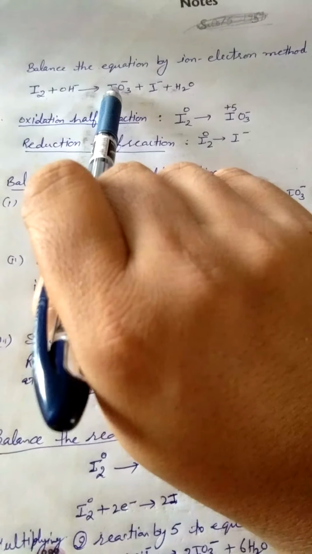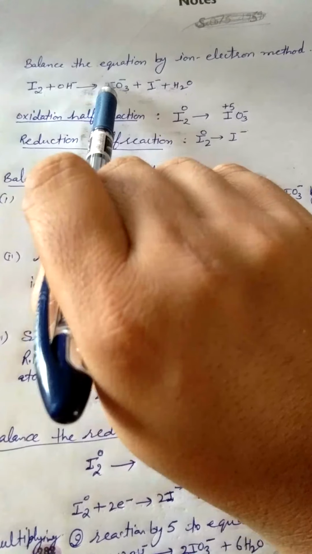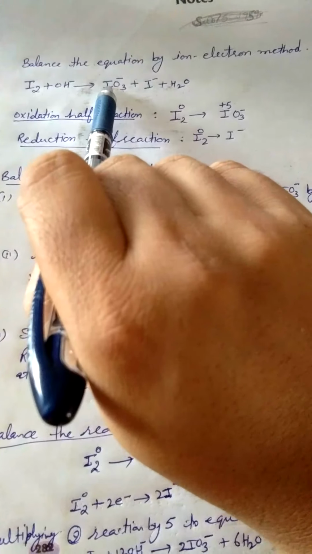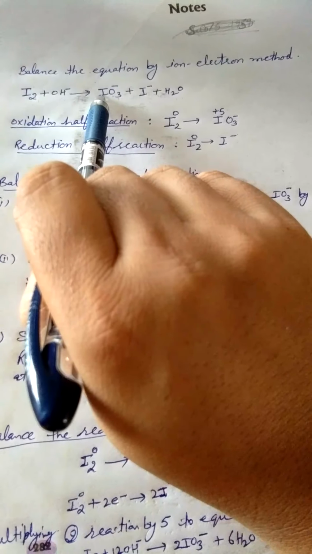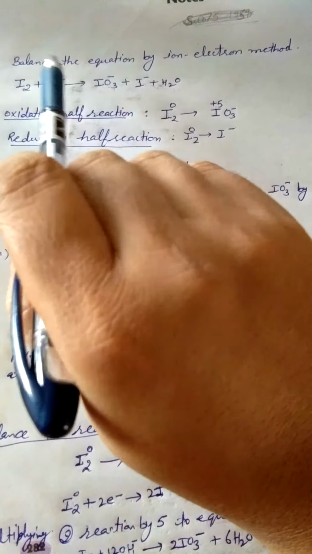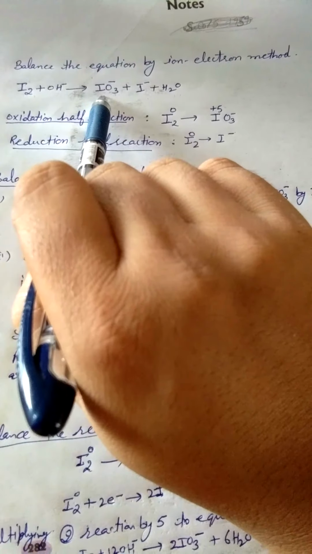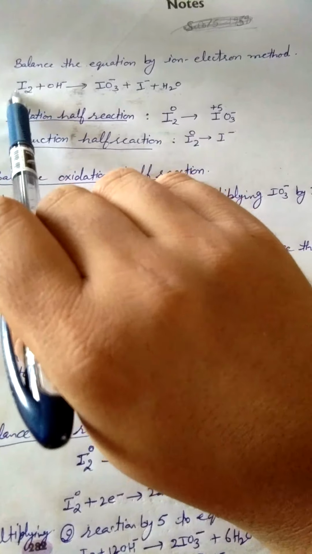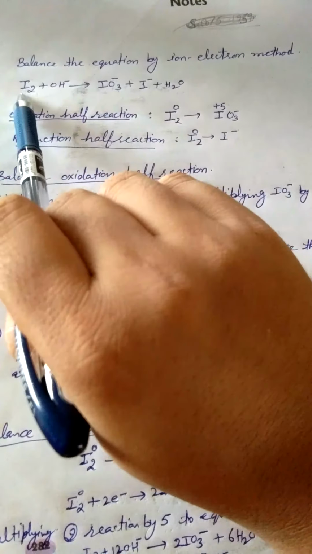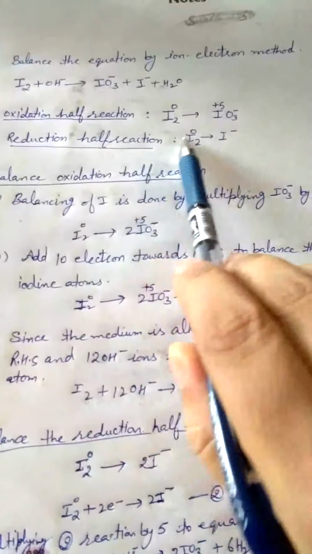When we find the oxidation number of iodine in IO3 negative, it's plus 5, and here the oxidation number goes from 0 to plus 5. It means loss of electrons, so oxidation takes place here. So this is the oxidation half reaction.